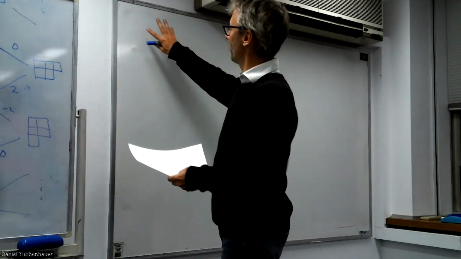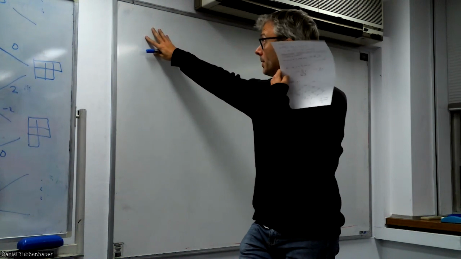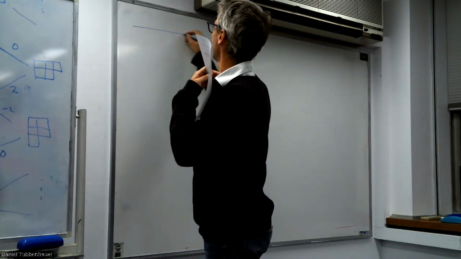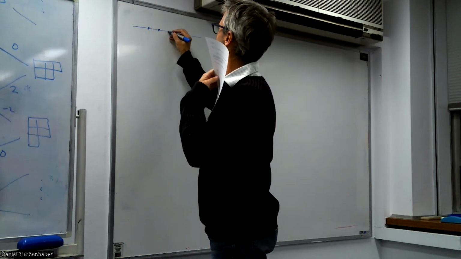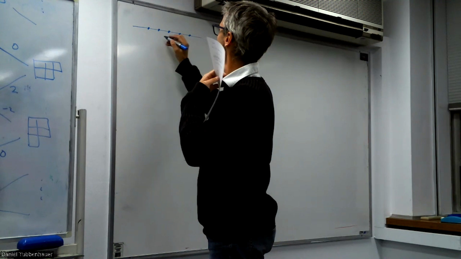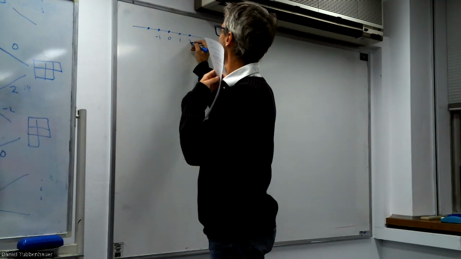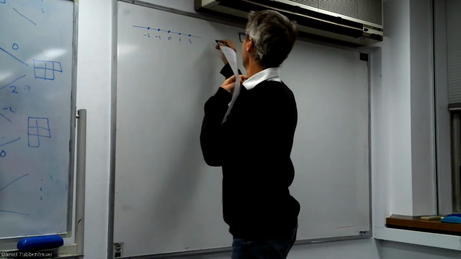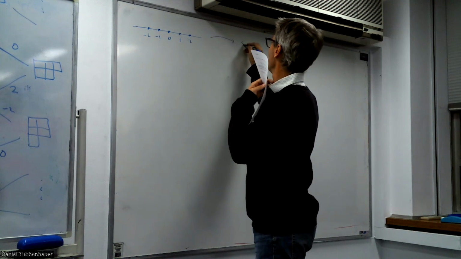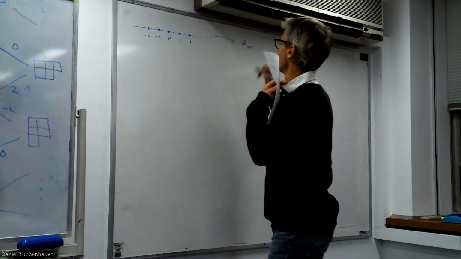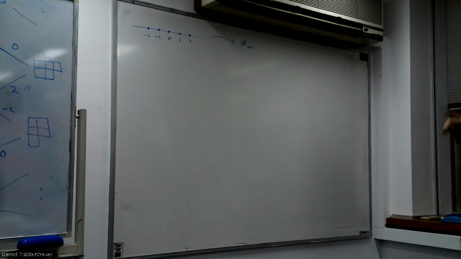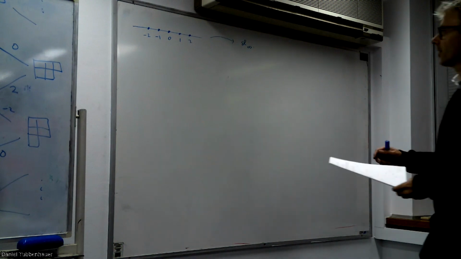Before, I said I start with a finite Beacon diagram, but I can also start with an infinite Beacon diagram: minus 2, minus 1, 0, 1, 2. And then I can apply the same process and I get SL infinity. So it has generators E_i, F_i, and H_i, for i in the integers.